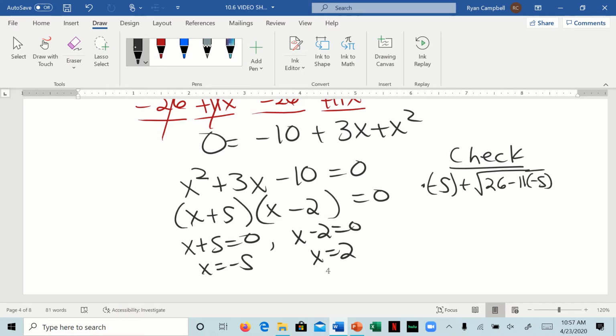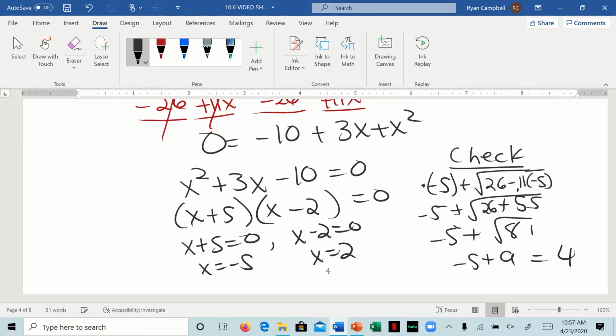So negative 11 times negative 5 is positive 55. 26 plus 55, it's going to be 11, carry the 1, so 81. Square root of 81 is 9, which ends up being 4, which is exactly what we wanted. Good, so we definitely know that negative 5 is part of the solution set.